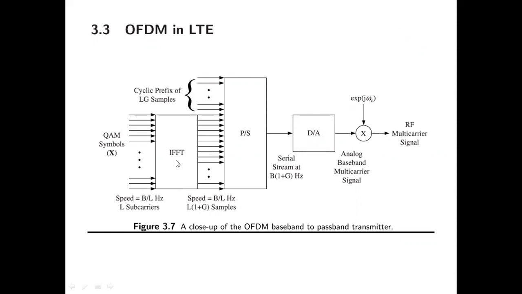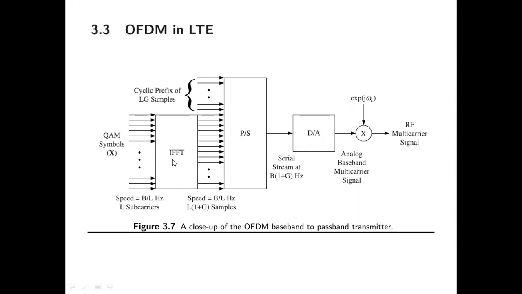Usually some people prefer N. Suppose I take a 16-point IFFT, then the entire bandwidth will be divided by 16. You will get 16 subcarriers of very minute width. The number of FFT points is L.